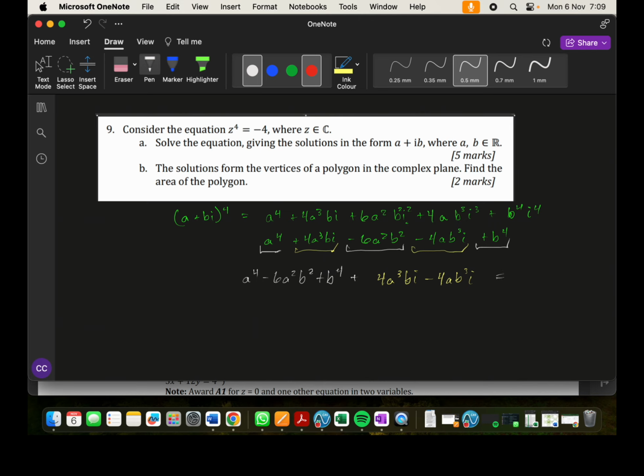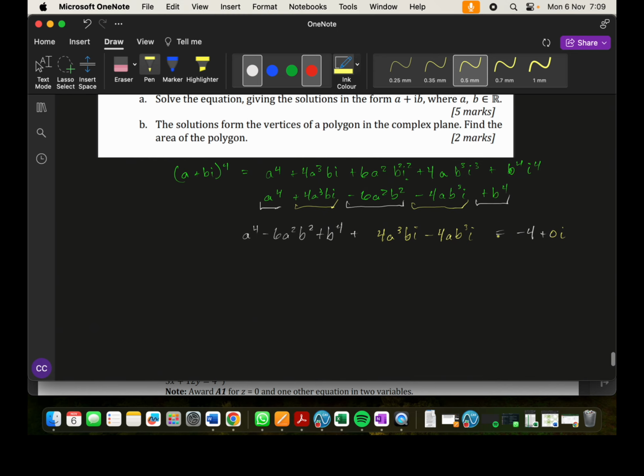If that equals -4, I'm going to write -4 as a complex number. What that tells me is that my imaginary parts have to be equal and my real parts have to be equal. Let's first focus on the imaginary parts, just for ease. 4a cubed bi minus 4ab cubed i is equal to 0.